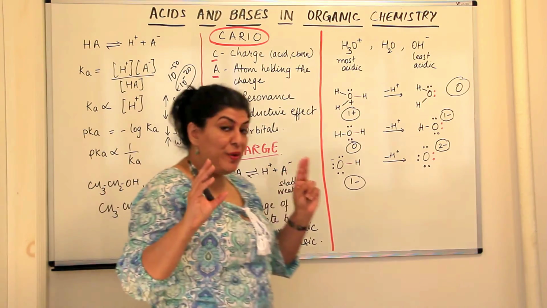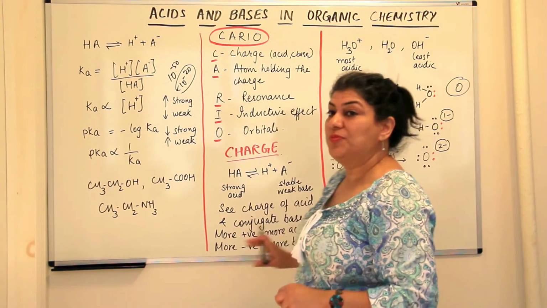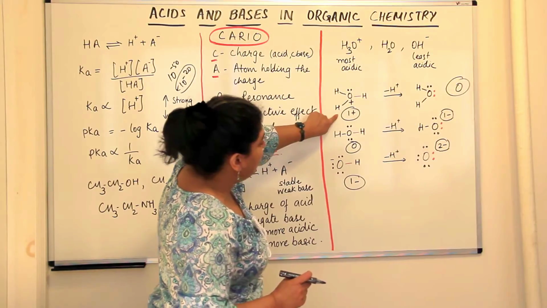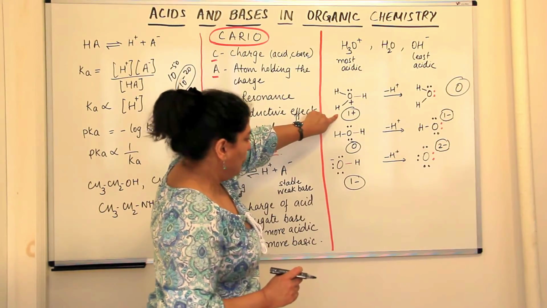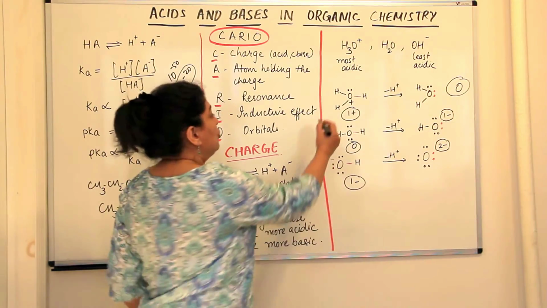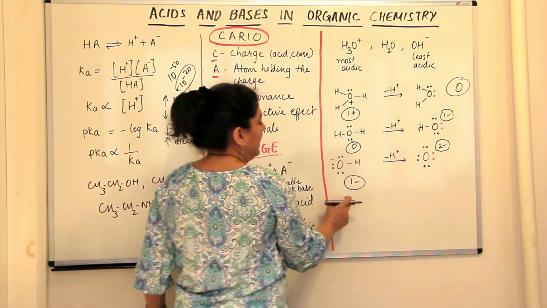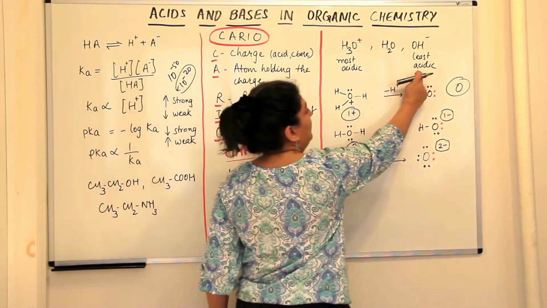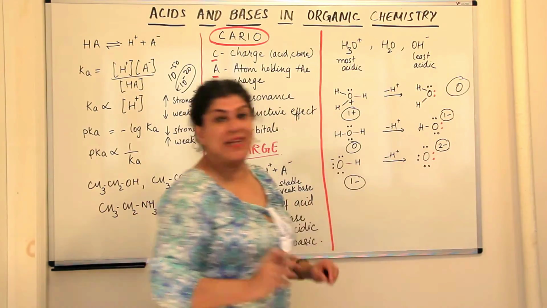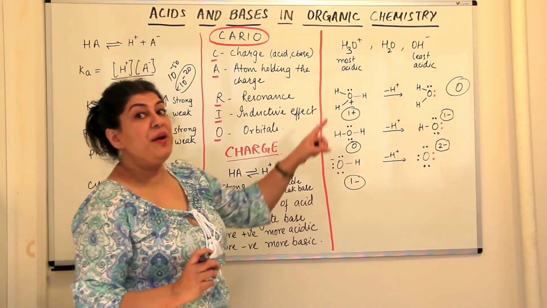And then how do we know which is a stronger acid? More positive is more acidic. So if you look at the acids, the more positive, H3O positive, would be more acidic, and the more negative would be less acidic. So H3O positive is most acidic, and OH negative would be least acidic. If you look at the negative charges, that is the bases, in bases we say the more negative is more basic.